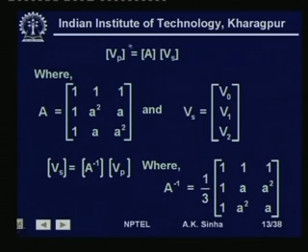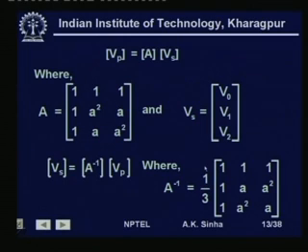Now, from this relationship, if we pre-multiply both sides by A inverse, then we will get Vs is equal to A inverse Vp. If we take the inverse of this matrix, we will get A inverse is equal to 1 by 3 into 1 1 1, 1 A square A... This matrix is nothing but basically the transpose of this matrix, but 1 by 3 is coming here.